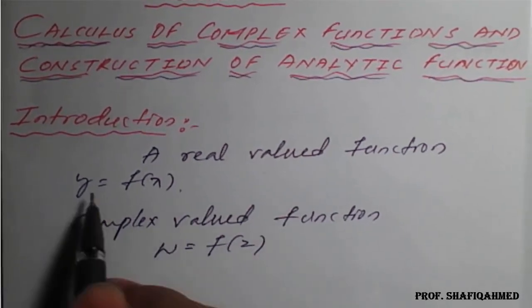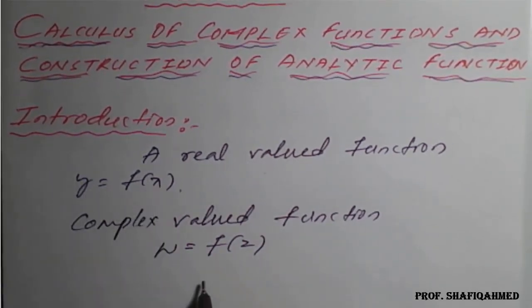So real valued function, you can see that it is y is equal to f of x, and here w is equal to f of z is what here? Complex valued function. So here I can say that this is a function of a complex variable z, because here z is complex number, and you know that z is always given by x plus iy.